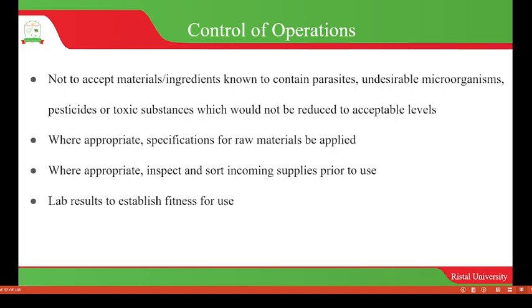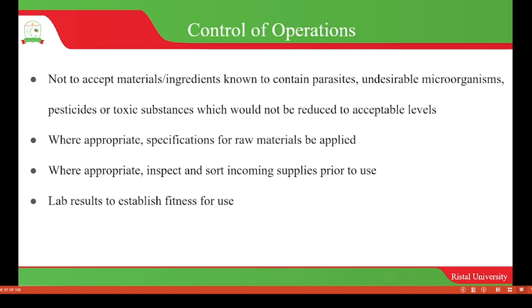Before we use the raw materials, we have to first of all inspect them for safety and quality, so that the ones which are of bad quality or spoiled, we sort differently, and the good ones we sort differently, and then we use them for processing.